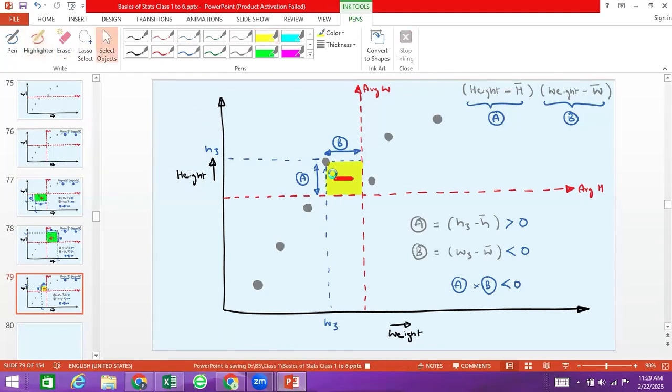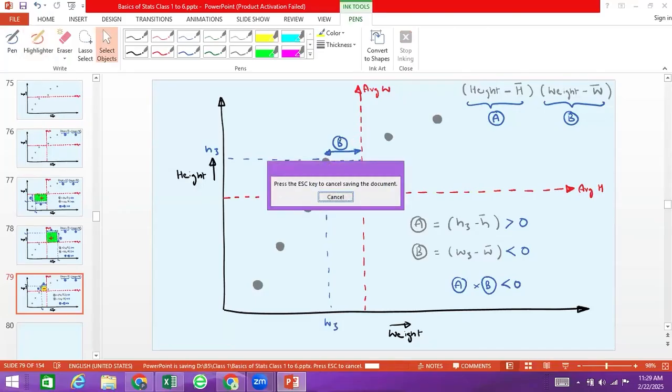And I'm pretty sure that if you make more points in this quadrant, those points will also project a negative area, not a positive area. So this quadrant is projecting positive area. This quadrant is projecting positive area. This quadrant is projecting negative area.